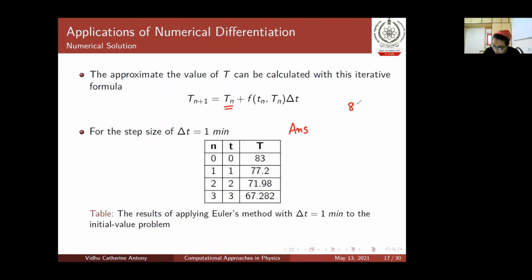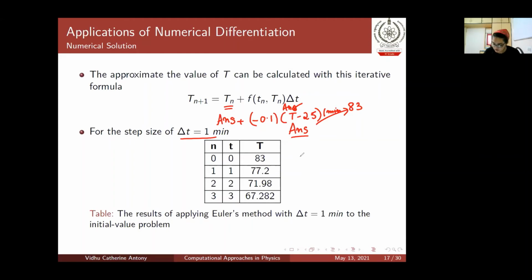Let's say you type 83 and press equals, so your answer is stored as 83. Then you have answer plus the function, which was negative 0.1 times T minus 25, where T is again the answer, since that's the current temperature. And then you have the delta t increment, and the step size was given as 1 minute.